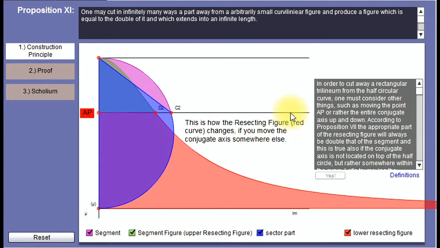And we are applying the very same principle as usual, using the tangents, and where the tangents intersect the conjugate axis, you drop verticals, and where these verticals intersect the ordinates of these points, then you know that this point must belong to the resecting figure. And then we trace these points and draw the resecting figure out.